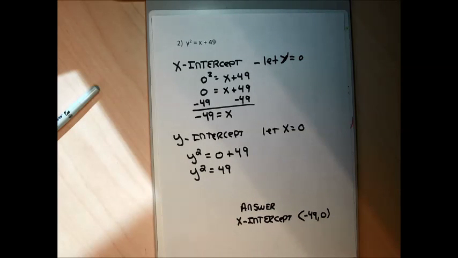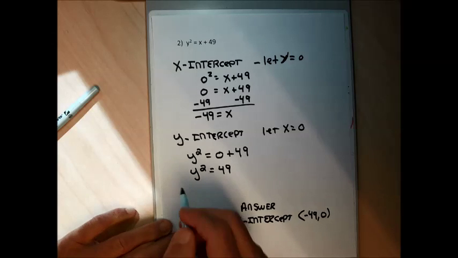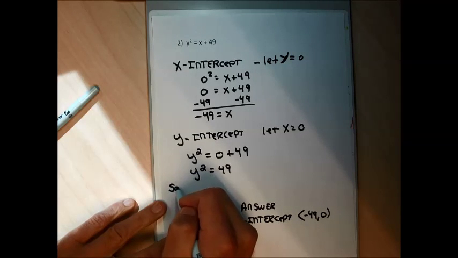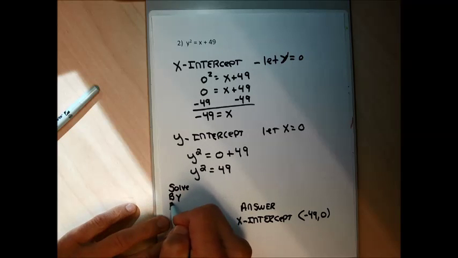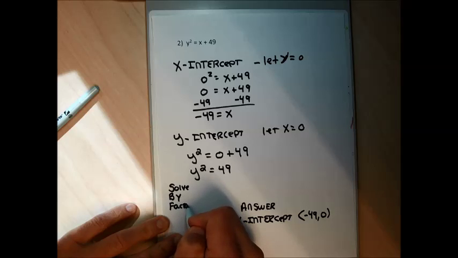And then once you put 0 in for x, there are 2 ways you can solve. You can solve by factoring, or you can solve by square roots. I'll solve this by factoring because it's the safer way to solve, because you won't miss a solution if you solve by factoring.